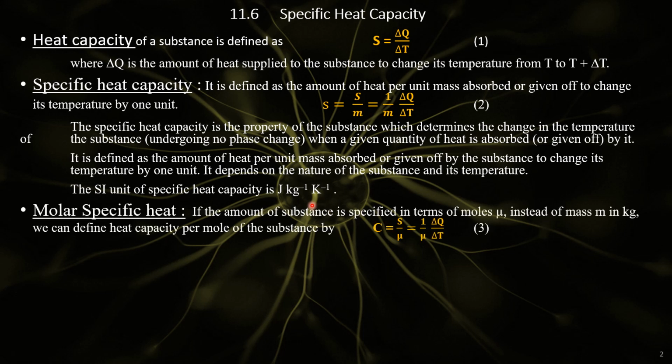The third type of specific heat is the molar specific heat. If the amount of substance is specified in terms of moles instead of mass m in kg, we can define heat capacity per mole of the substance by capital C equals S by mu.